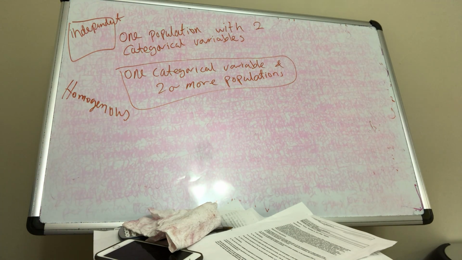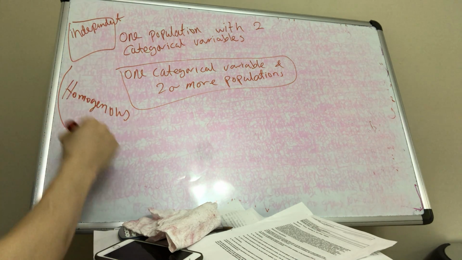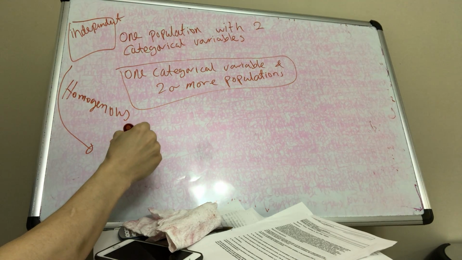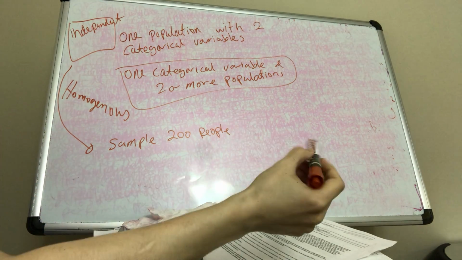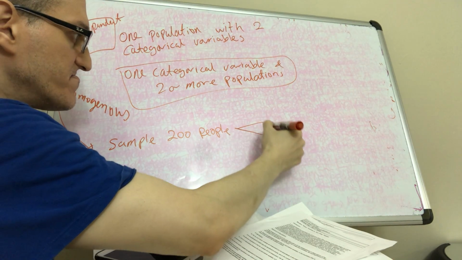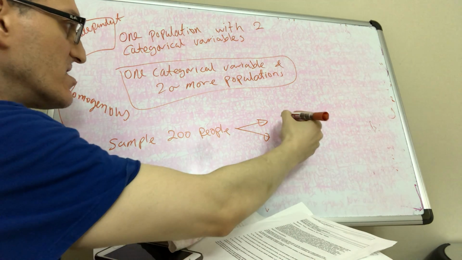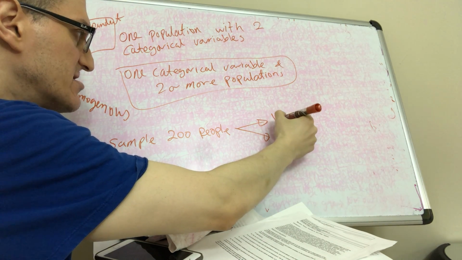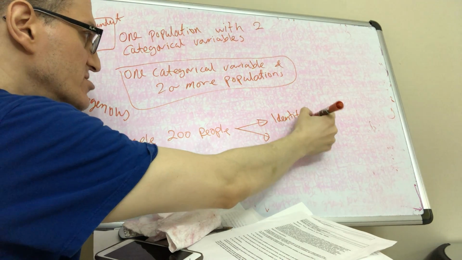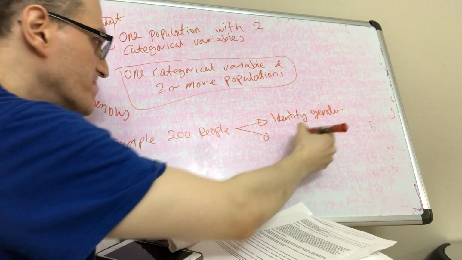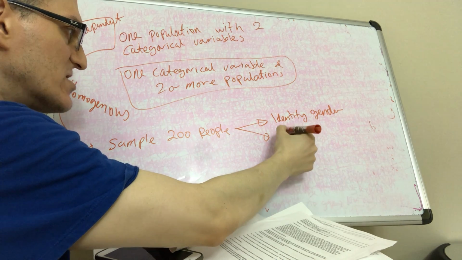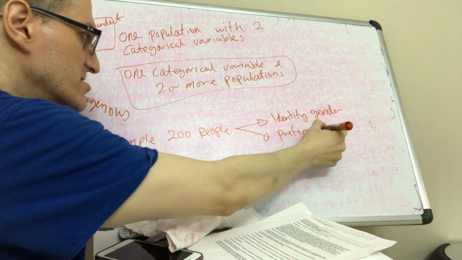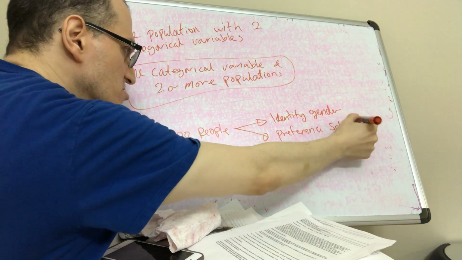An example for the first one, they would tell you something like you have a sample of 200 people, and we ask them two questions. The two questions are: identify your gender, and the other question was, what's your preference of best school in Nova Scotia?